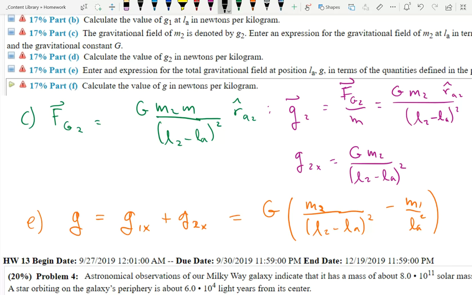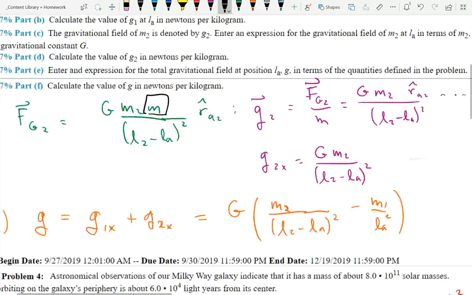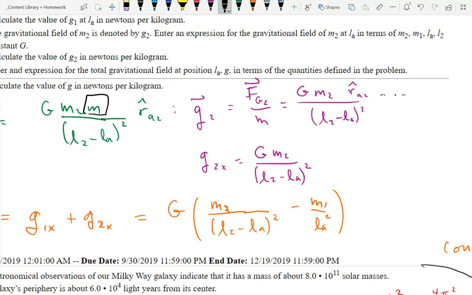And the second mass here is, again, the M I put without a subscript because it's the test mass, and that's what we divide out. And so now we have M2 on top instead of M1, and we have the difference in position, L2 minus LA, and of course squared because it's R squared.